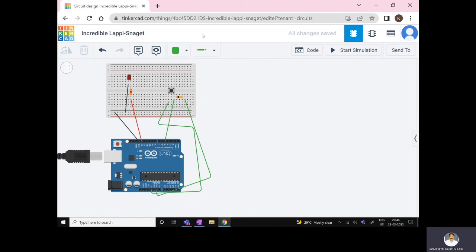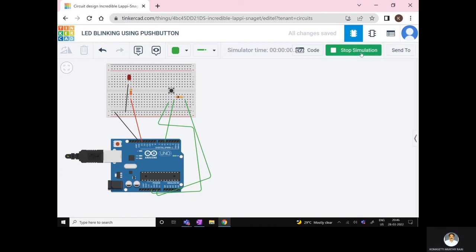The value of the push button is very important. The value of the push button is from digital pin 5 only. Digital read, not write. That means the 5th pin is the input pin and the 13th pin is the output pin. Okay. With this, completed.